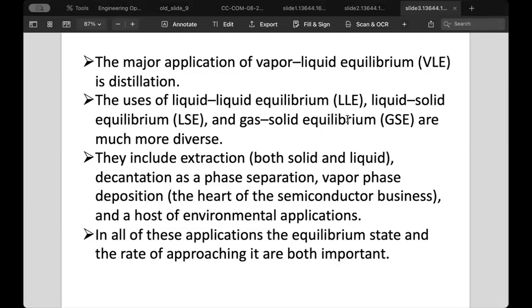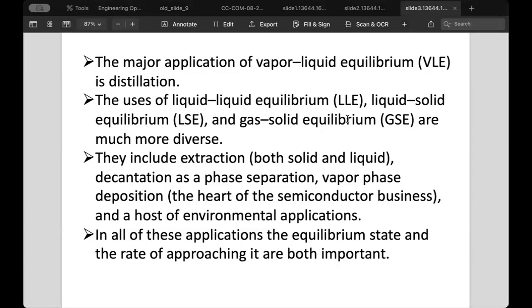What is the application of liquid-liquid equilibrium? Separation processes. Of course, you said separation. Even VLE is also separation, right? Gas-solid is also separation, right?